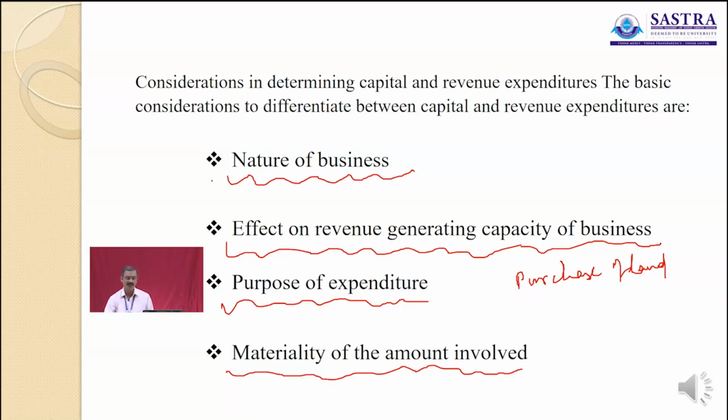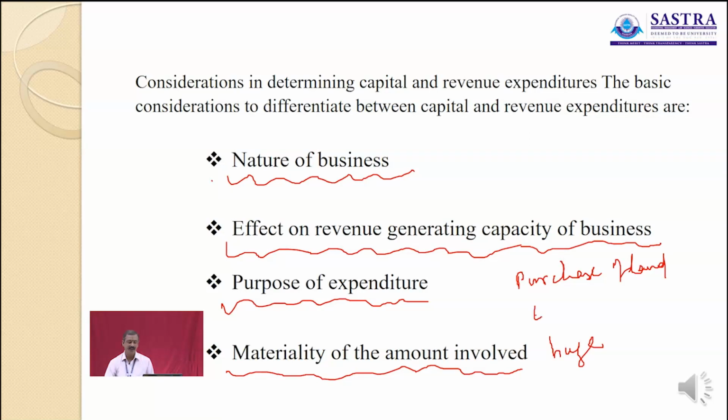What is the amount which is going to be involved? This is what is to be seen now, right? Whether the amount is going to be huge or small or little, this is the materiality of the amount involved in the process.